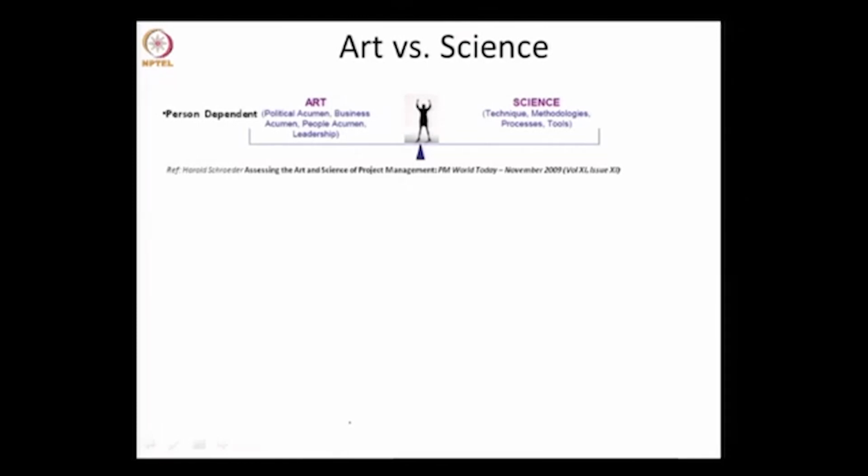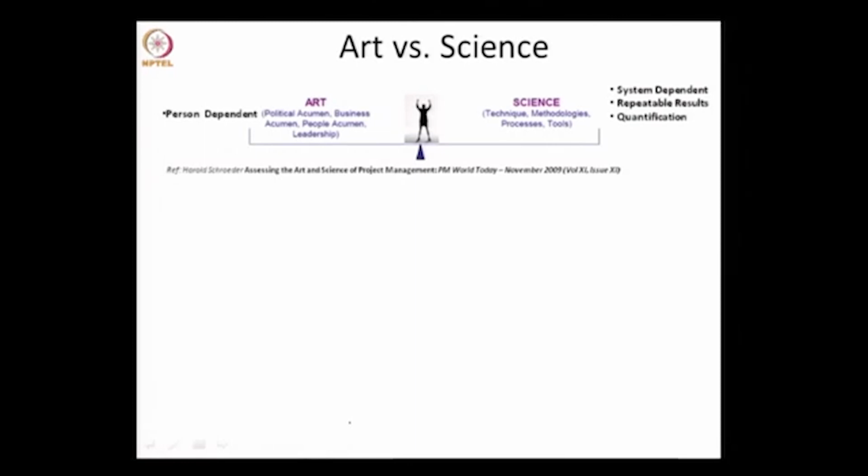So you need that project manager who is a skilled project manager, who has a lot of these capabilities to bring in a project. And if you go back to the earlier times, that was what made you a good manager, whatever it was, the art. When you go into the science side, you don't want it to be people dependent, you want it to be system dependent, you want repeatable results.